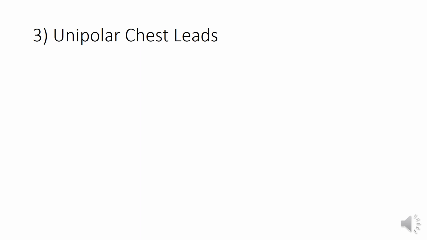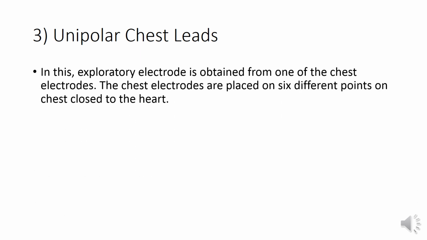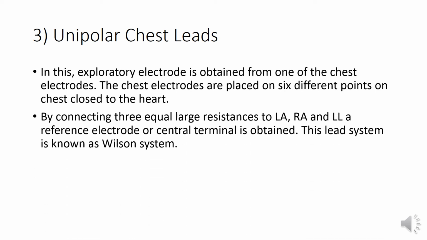Then unipolar chest leads. In these unipolar chest leads, the exploratory electrode is obtained from one of the chest electrodes. The chest electrodes are placed at six different positions on the chest close to the heart. We connect three equal large resistances to left arm, right arm and left leg, and a reference electrode or central terminal is obtained.